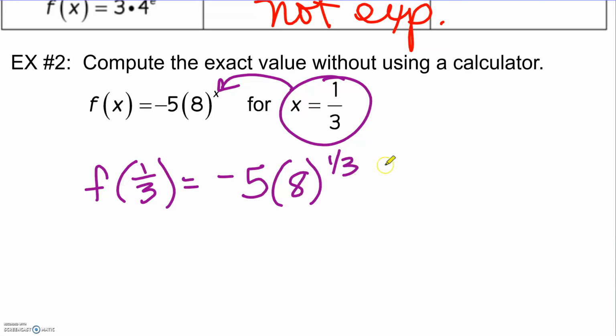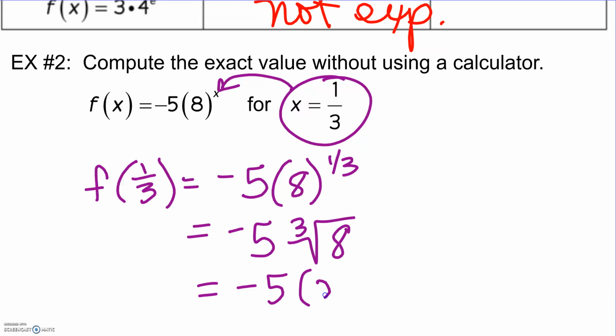Reminder, if you're raising to a fractional power like that, that means root. In this case, it's the cube root. The cube root of 8 is just 2. And so you would get a result of -10 there.